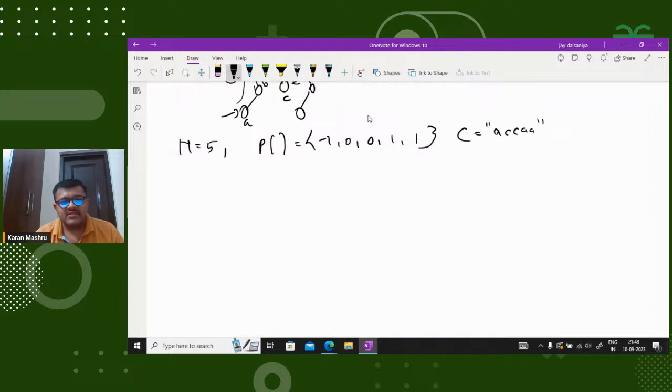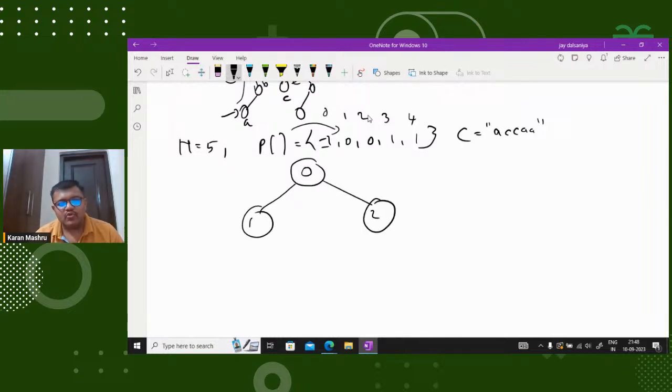See, the zeroth node is the root node, so I have -1. This P array represents the parent. Now this is 0 index, this is 1 index, this is second index, this is third index, and this is the fourth index. At index 1 we have 0, it means for 1, 0 is the parent. At index 2 also we have 0, so 0 is the parent for 2 also.